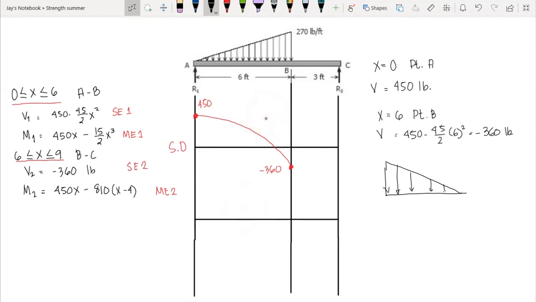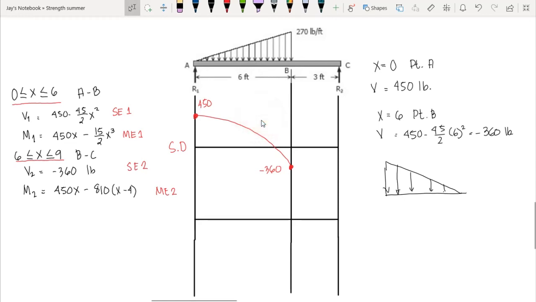If it is increasing, our moment diagram is smiling. If it is decreasing, our moment diagram is frowning. But in this case our load is triangular, so we cannot use those mnemonics or rules of thumb.